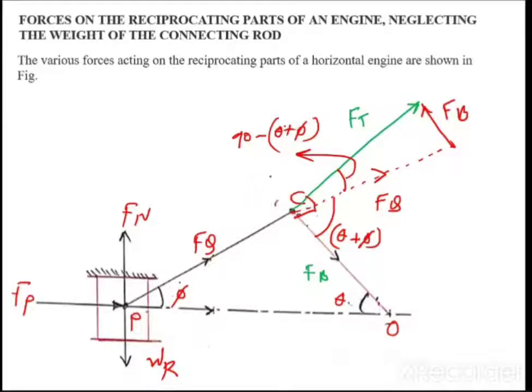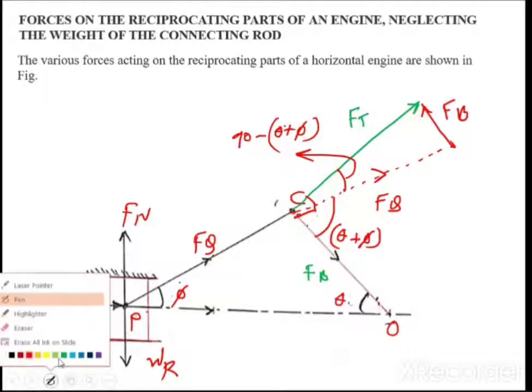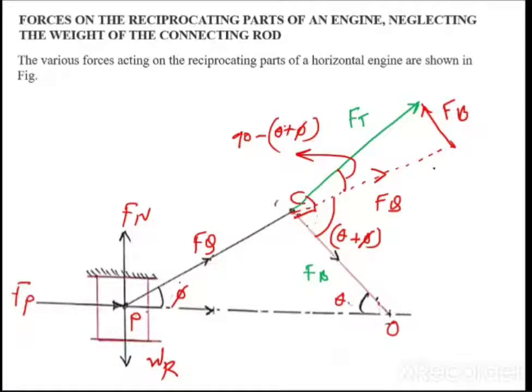Okay, is it clear or not? And if I produce this line again downward, this indicates again an FT. So this line is also FT. This is FB and this is FB.